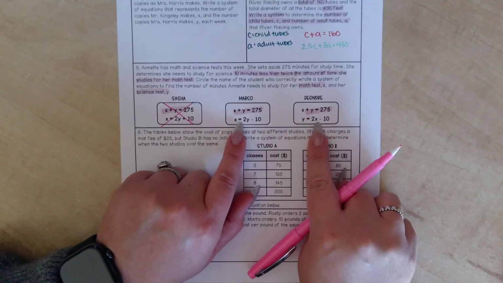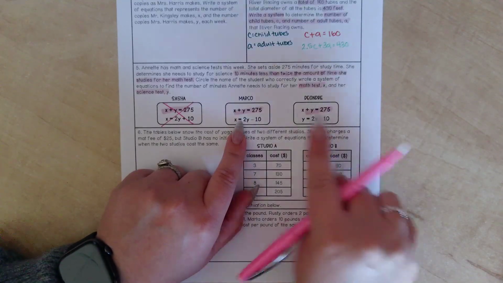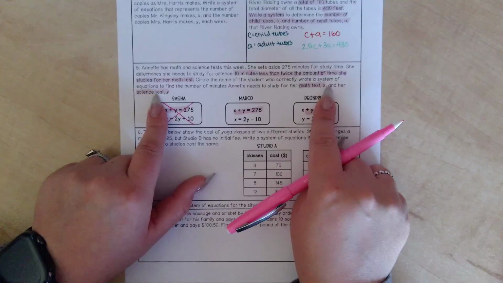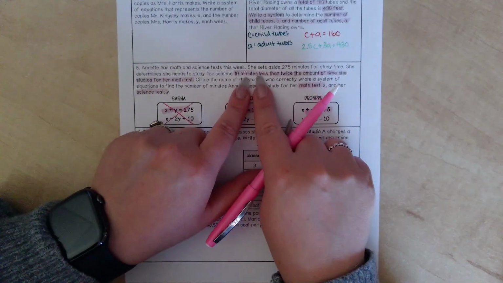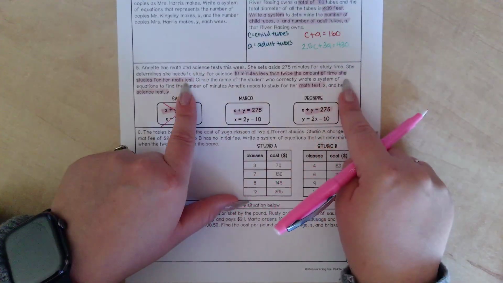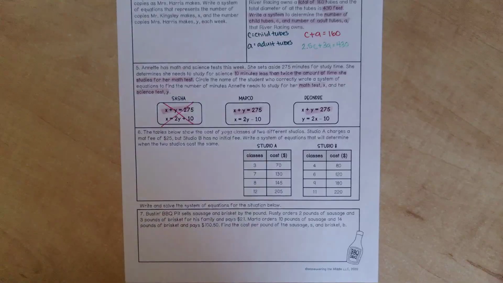Now I need to decide which one is set up in the right direction. It says that she needs to study for her math test X and her science test Y. Back here it says 10 minutes less than twice the amount she studies for her math test. So I'm trying to decide how much she needs to study for her science test.